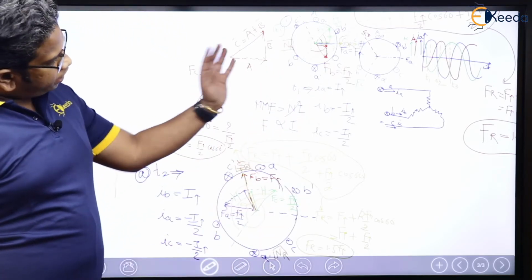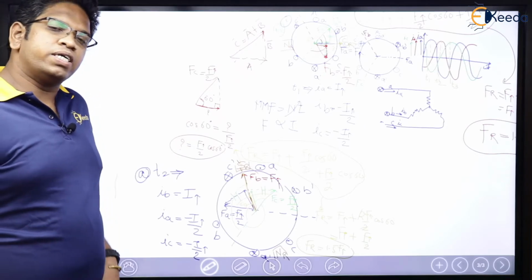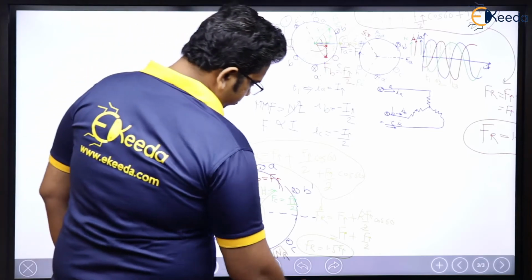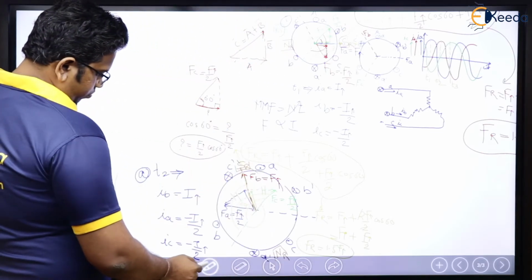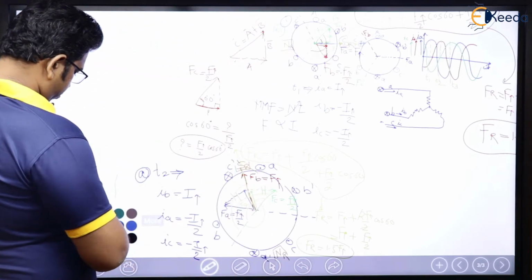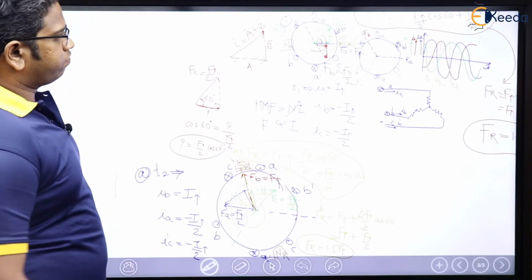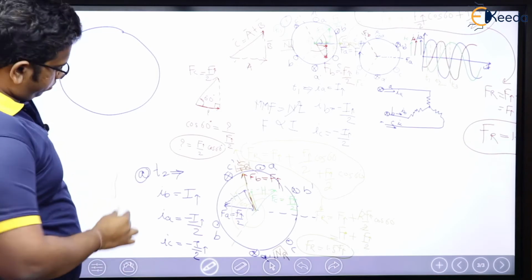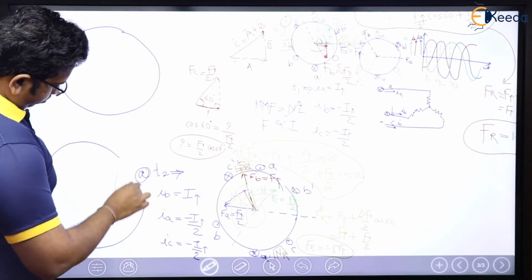And if you see the angle between them, the angle is also 120 degrees, right? Let me draw it one more time. See here, very important. First case, second case.